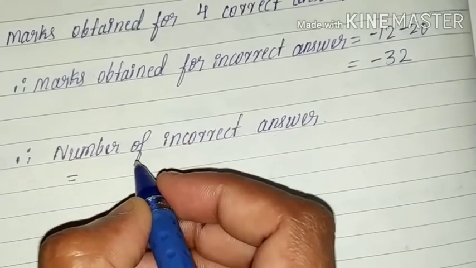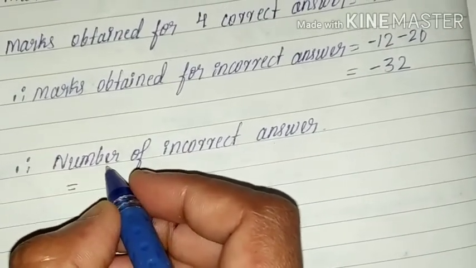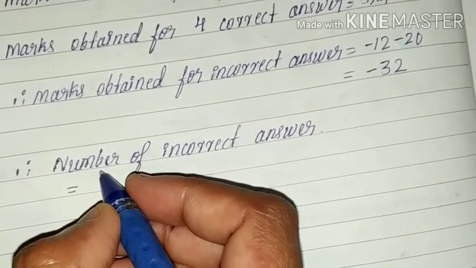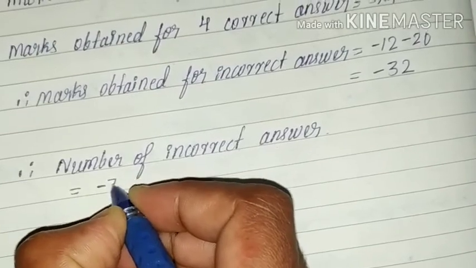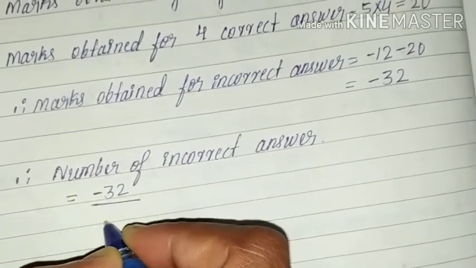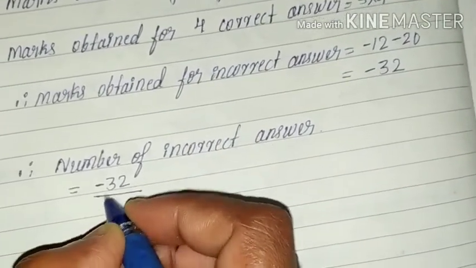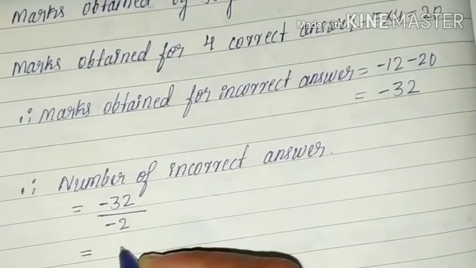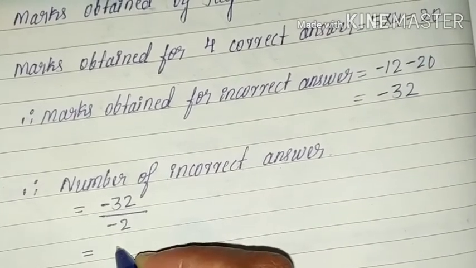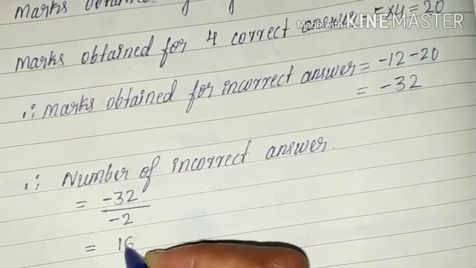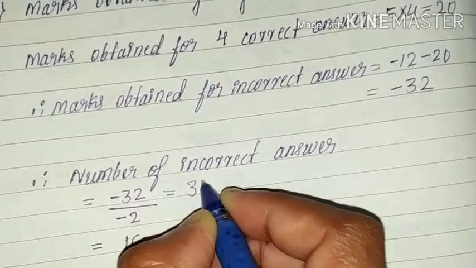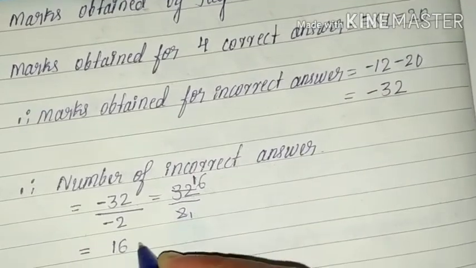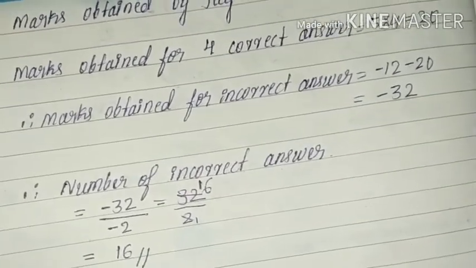Total marks obtained for incorrect answers is minus 32, divided by marks for every incorrect answer, which is minus 2. Therefore it is 32 by 2, no? 2 ones are 2, 2 sixteens are 32, so 16 is the answer.